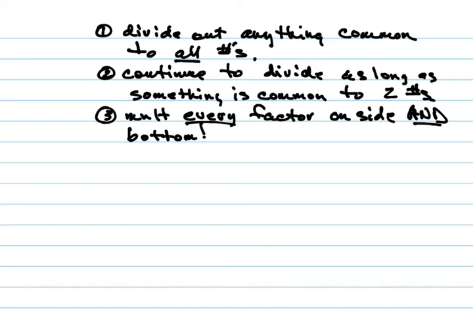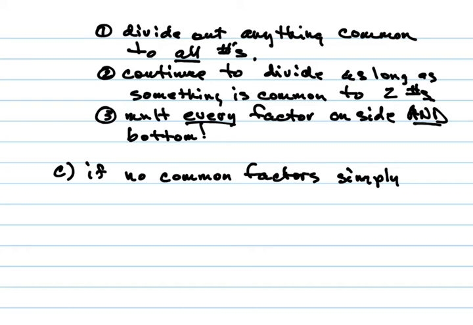Now, once you have your LCD, okay, there's another case, remember. There's a case C. If they have nothing in common, so no common factors, let's write it that way because that's better. Use the right language. If they have no common factors, anybody remember what I need to do to them?